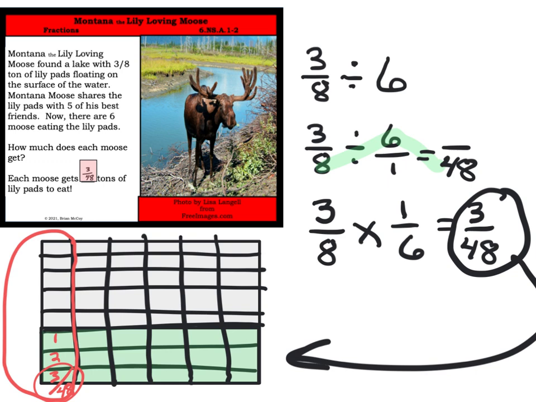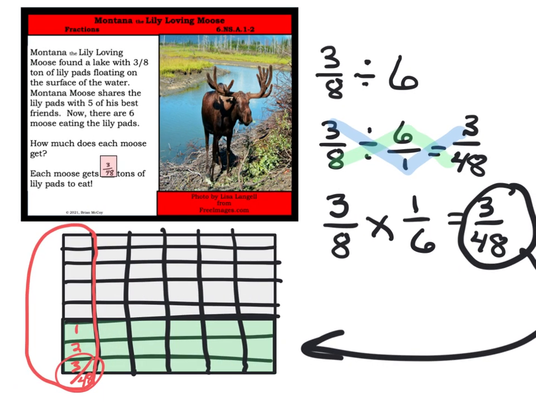Then I'll make a valley, and I'll do 3 times 1, which is going to give me a 3 right up here. And as you see, 3/48 for mountains and valleys agrees with 3/48 for multiply the reciprocal, which also agrees with 3/48 for the mathematical model. And that is always beautiful, my friends. So that is how you solve this problem. The answer, once again, is 3/48.